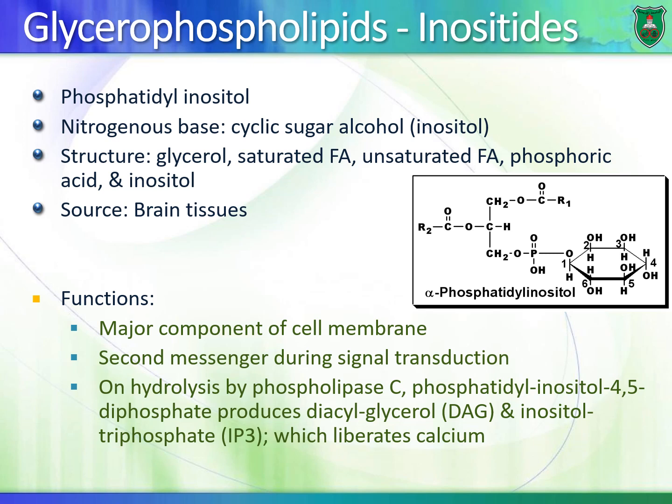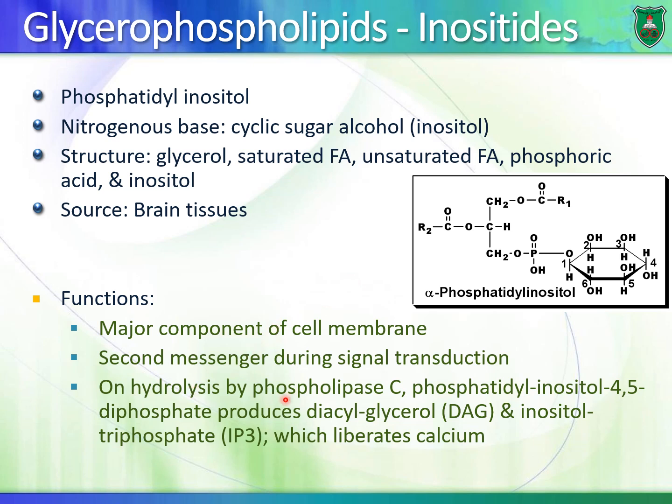Okay. Now, we have another phospholipid known as phosphatidylinositol. Note that you have a sugar group attached to the phosphate, and phosphatidylinositol is basically a molecule that's present on the cytosolic side of cells, and it participates in signaling. Okay, so how does it participate in signaling?